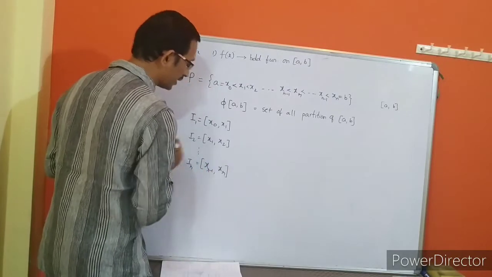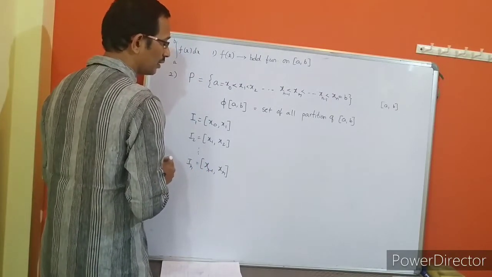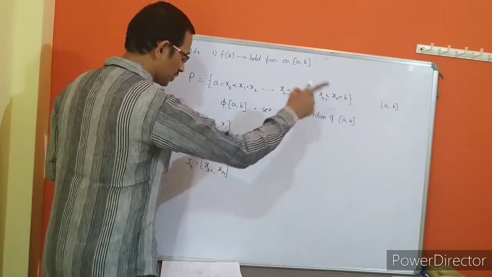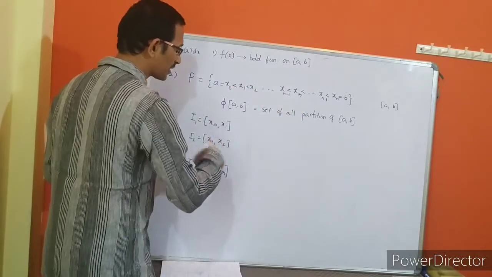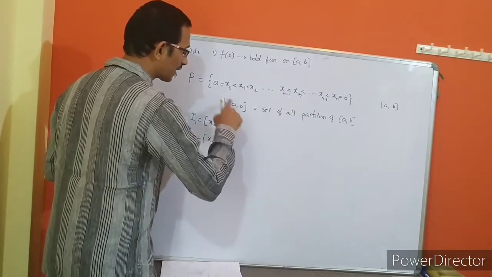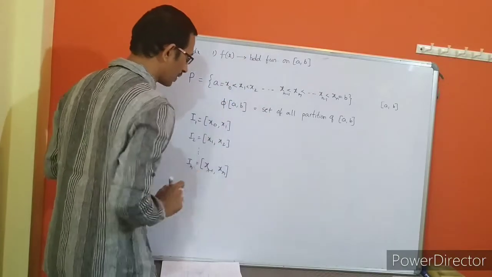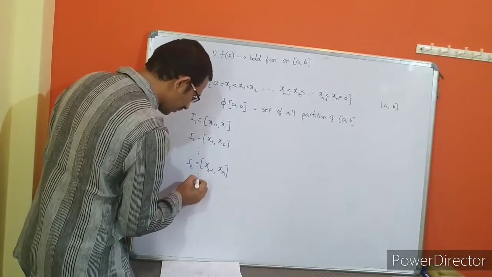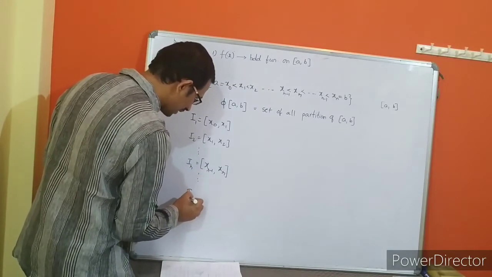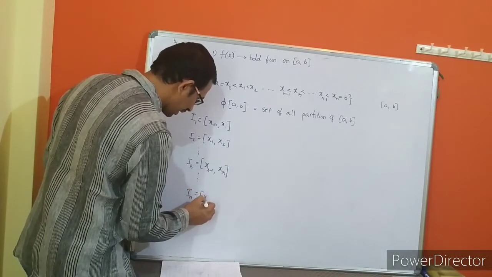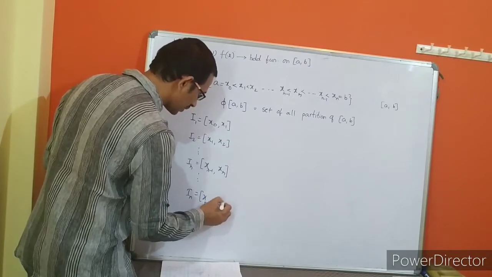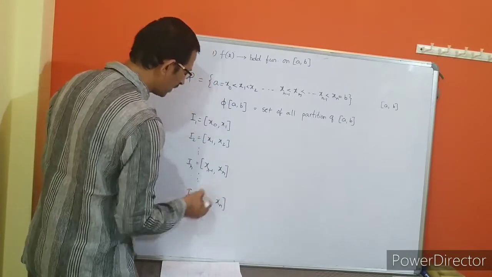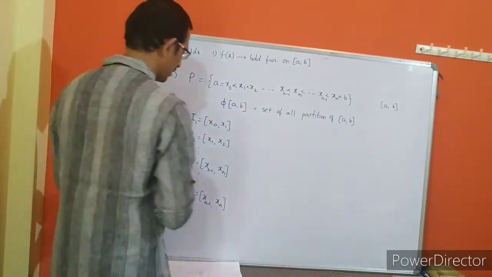These are the subintervals formed by this partition, subintervals of the main interval [a,b]. And this is the general interval. The final interval In is [x(n-1), xn]. This xn is nothing but b and x0 is nothing but a.